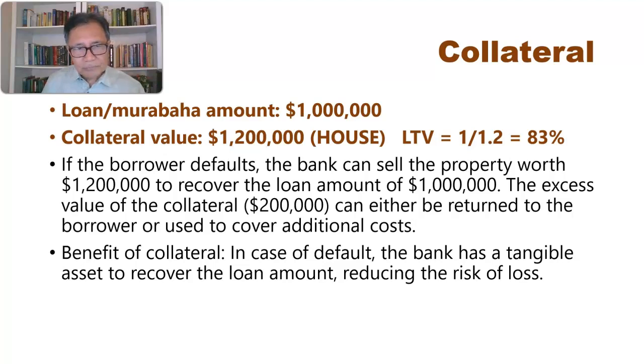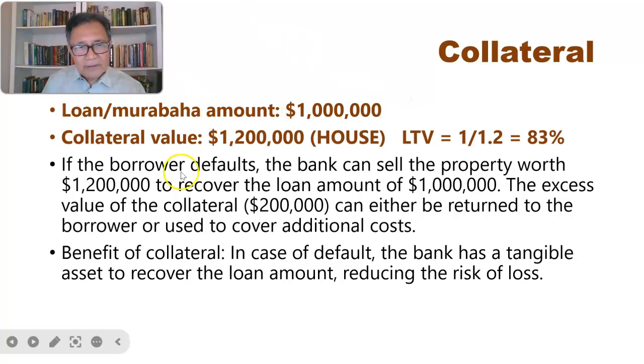So in property financing, we have a sale and purchase agreement, and we have the loan agreement and the charge agreement. The charge agreement will imply that the house will be charged as a collateral against the loan or against the murabaha.